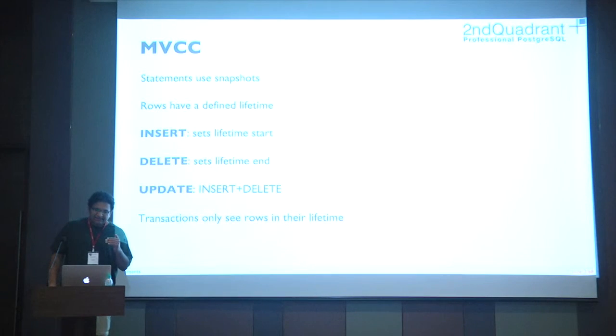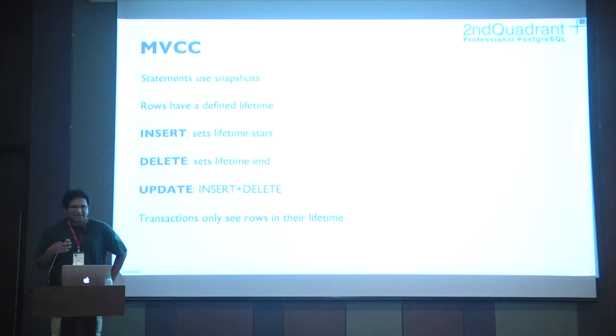The row that you inserted earlier, some new row, it's visible to any snapshot that's taken after the inserting transaction has committed. And correspondingly, after you delete a row and that transaction has committed, it becomes invisible to any snapshot that comes afterwards.